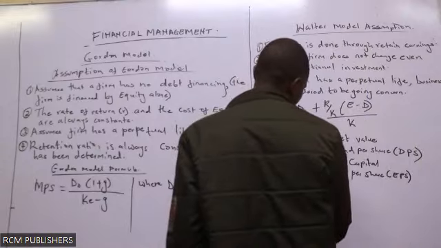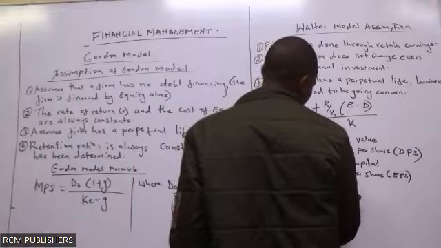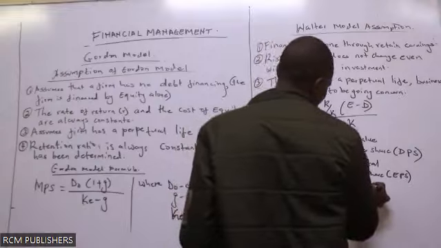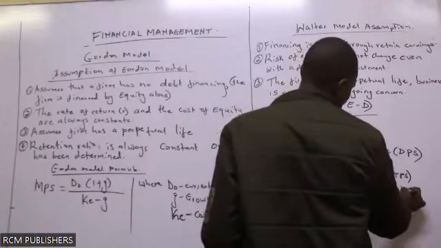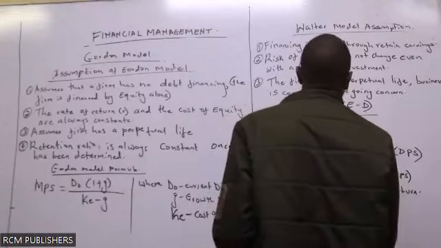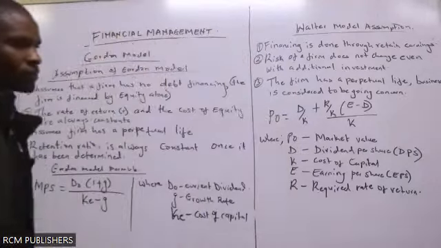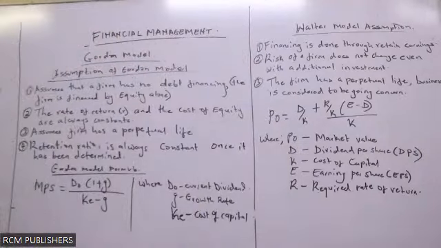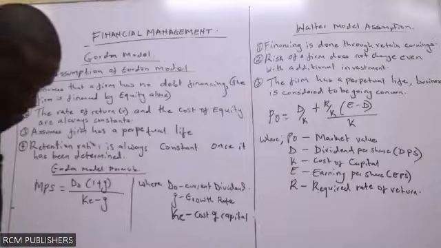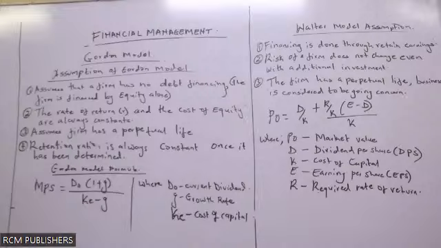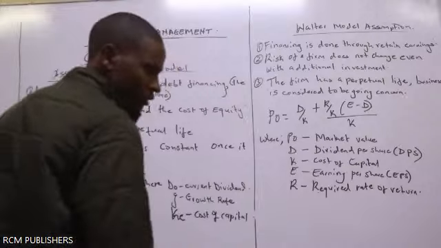R, of course, is the required rate of return. So with that, I think we can look at an illustration.